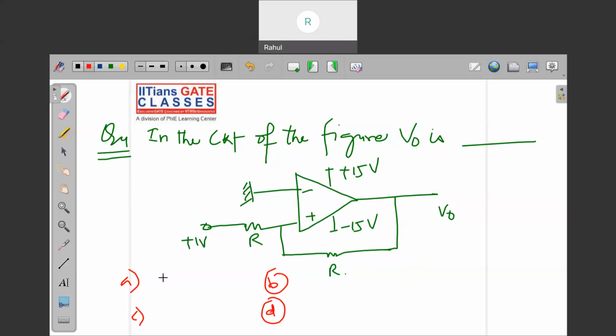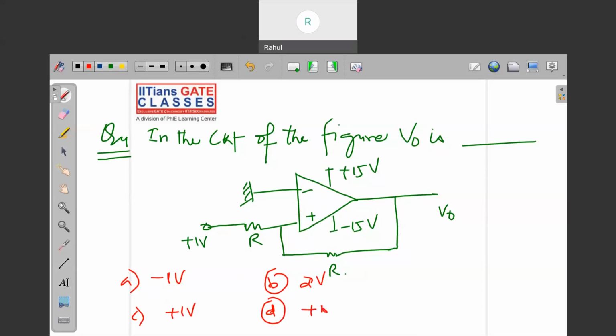The options given are here: this is 1 volt, option B is 2 volt, and option C is plus 1 volt, right? Many of you might give the answer -1 because you think this is an inverting amplifier, so the answer would be minus R by R. But the answer will not be -1, remember.